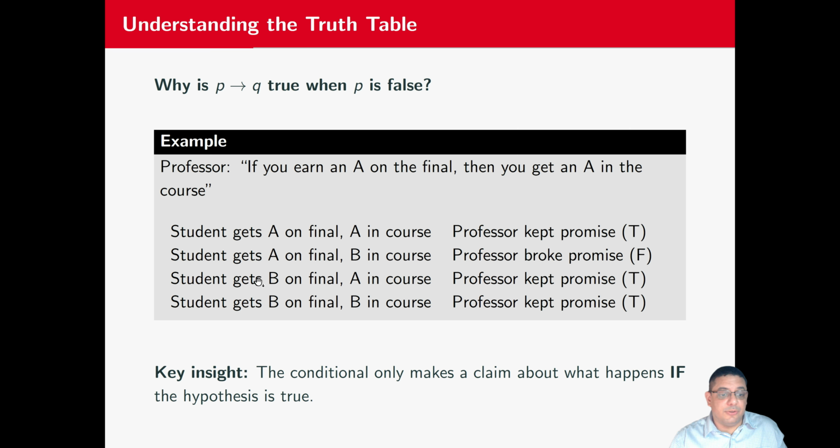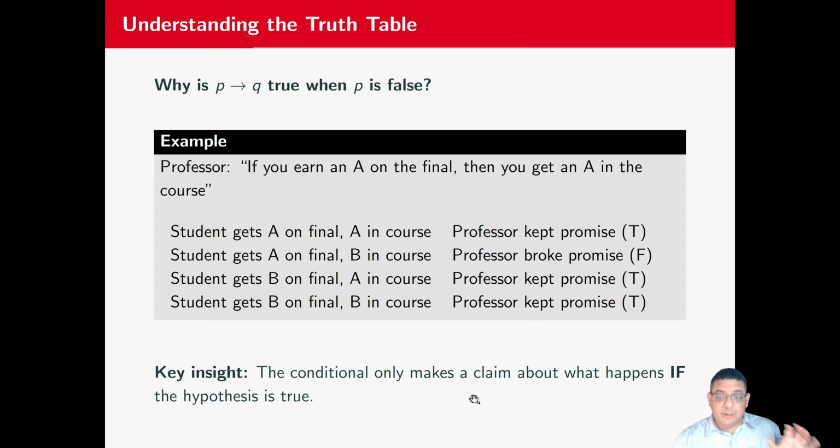Now let's say that the student gets a B on the final and gets an A in the course. In this case, the professor kept the promise anyway. And if the student gets a B on the final and gets a B in the course, the professor keeps the promise. So the implication is not broken. The fact that the student gets a B on the final but an A in the course, maybe because of averages or other things, is not breaking the implication.